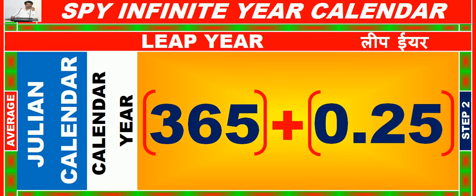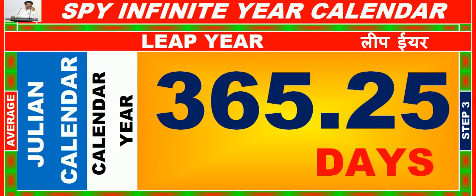Average Julian calendar year is equal to the sum of 365 days and 0.25 days. Average Julian calendar year is equal to 365.25 days.